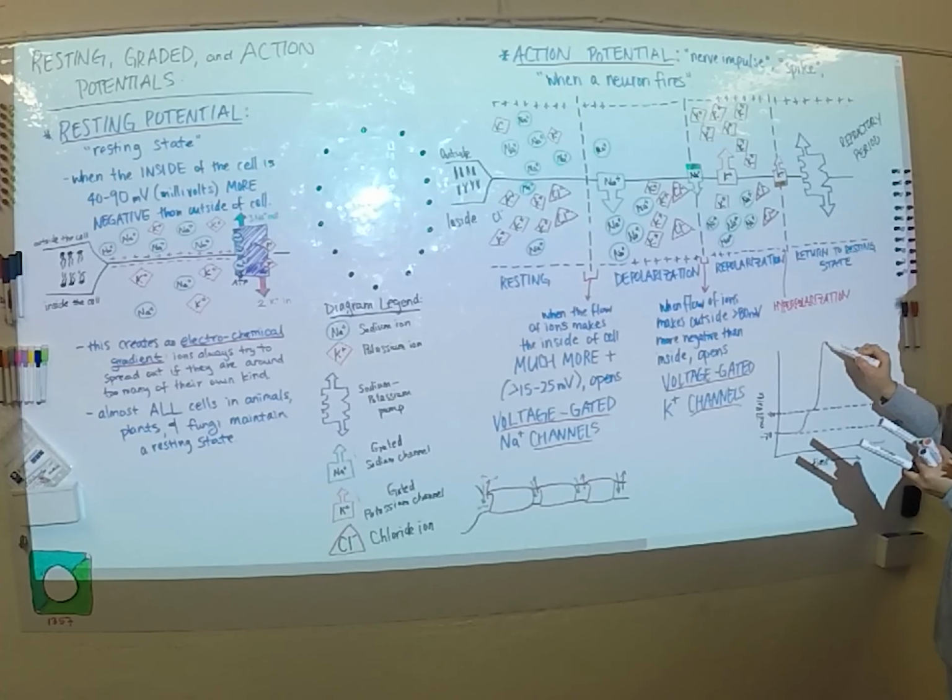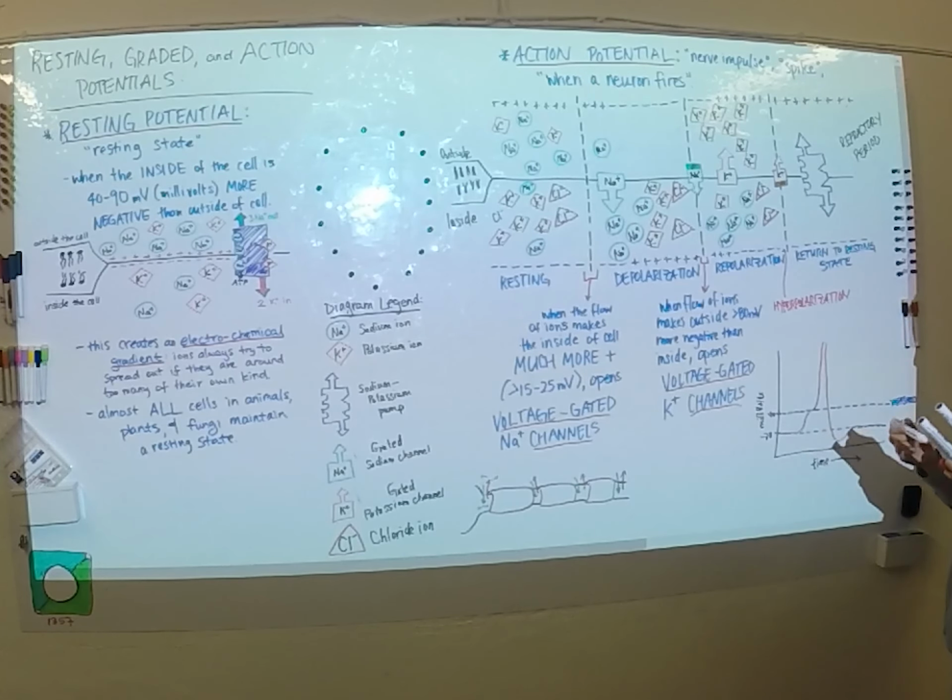Then the sodium channels get inactivated, and a huge rush of potassium ions out. So it gets really negative, and sometimes it dips below the resting potential. And then the sodium-potassium pumps bring it back to rest, okay?